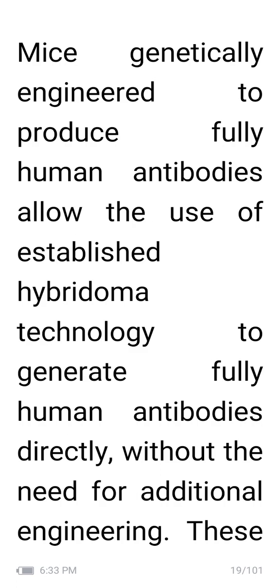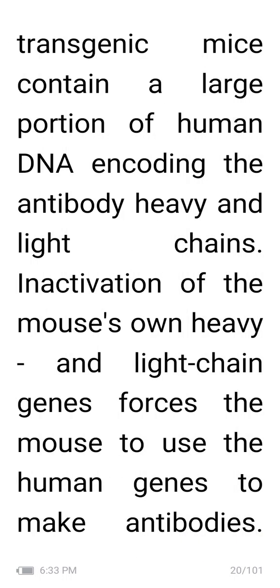So, mice genetically engineered to produce fully human antibodies allow the use of established hybridoma technology to generate fully human antibodies directly without the need for additional engineering. These transgenic mice contain a large portion of human DNA encoding the antibody heavy and light chains.